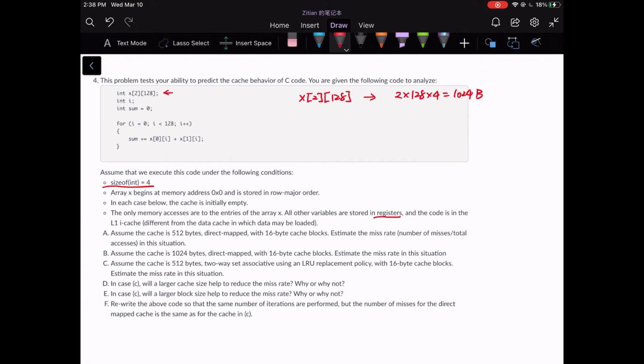Assume that we execute under the following conditions. First of all, the size of an integer is equal to 4 bytes. And second, array X begins at memory address 0x0 and is stored in row major order. What does this mean?